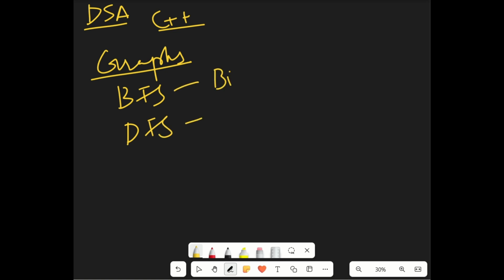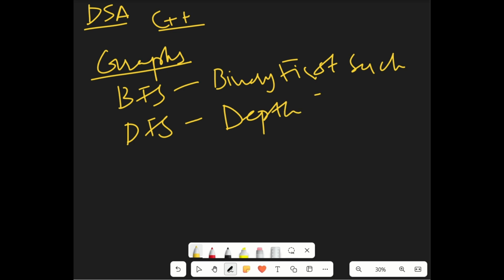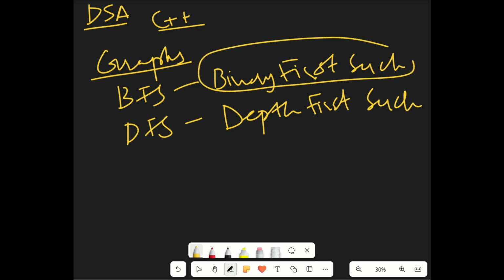BFS is breadth first search and DFS is depth first search. BFS uses a queue and DFS uses a stack or recursion, okay?